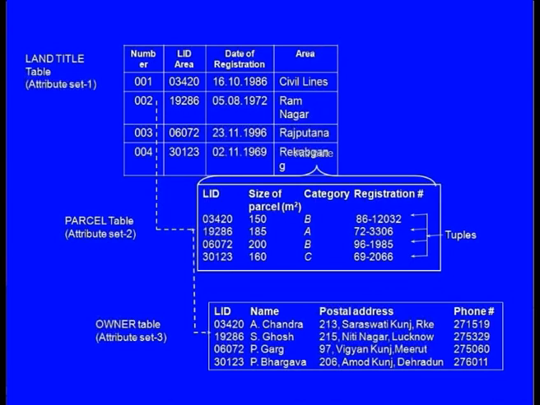These are specific to each parcel of land, and thus we create a parcel table, which is another attribute set, wherein for each of the land IDs, there is information regarding the size of the parcel, the category under which it falls in terms of size, and the category registration number.